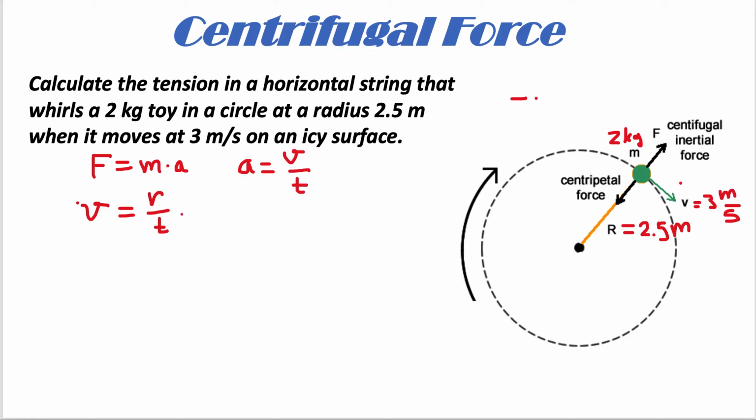Taking a shortcut, this implies the time is going to be equal to r divided by v. And in this equation here now, I am going to substitute instead of the t, r divided by v.